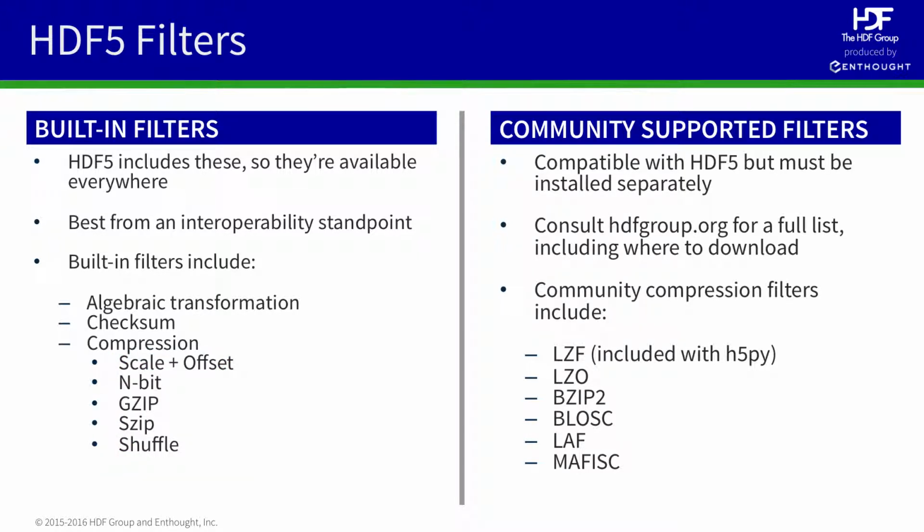There's also a wide variety of filters provided by the HDF5 community. These are compatible with HDF5, but must be downloaded and installed separately. The HDF Group maintains a full list of all filters in common use at hdfgroup.org, including links to the filter authors and where you can download them.